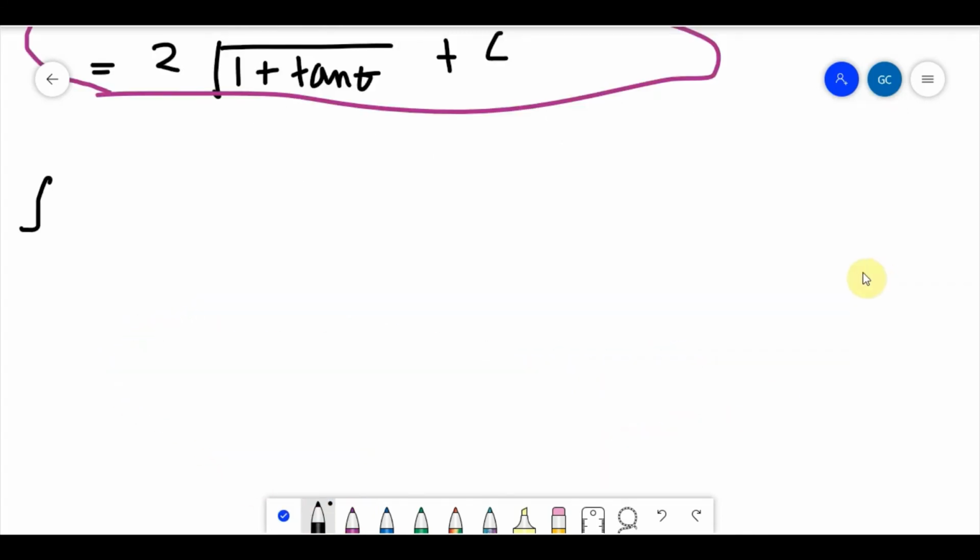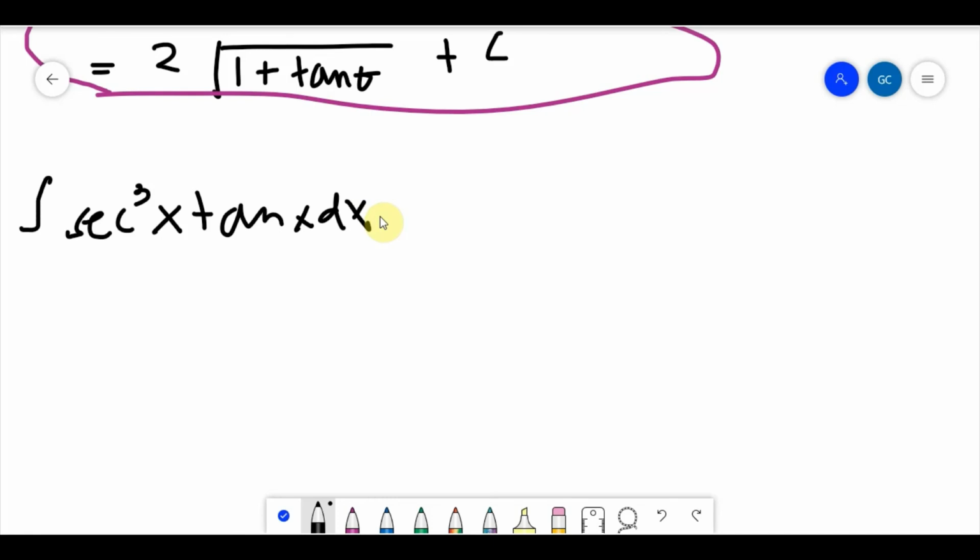What if I have the integral of secant cubed x tangent x dx? How do we solve this problem?